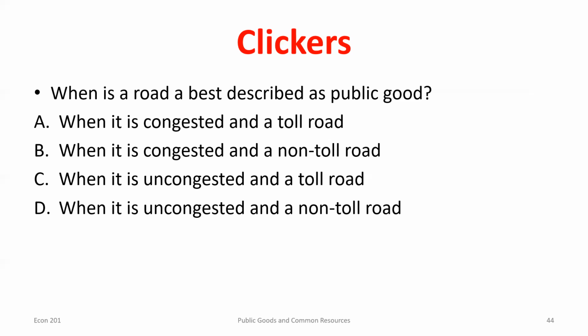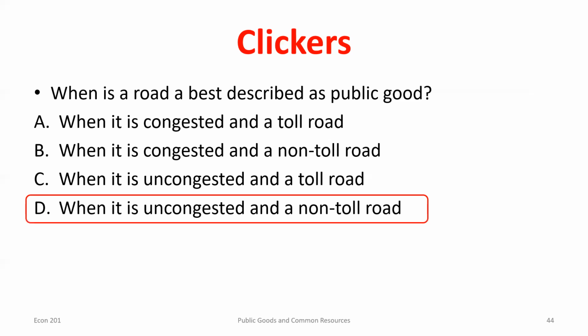If traffic was so backed up, it's literally preventing people from enjoying use or benefit from that road because they literally can't even get on the entrance ramp. Or it's just decreasing their benefit, because it's slowing down, taking them longer to get wherever they need to go. So if we want a public good, we want it to be non-rival, non-excludable. That would mean that it would have to be uncongested and not be a toll road.